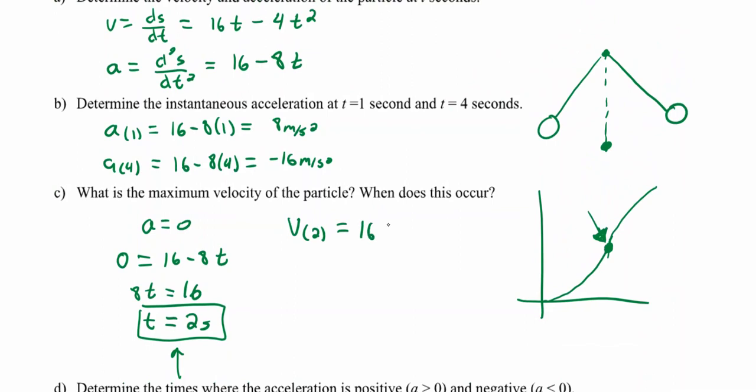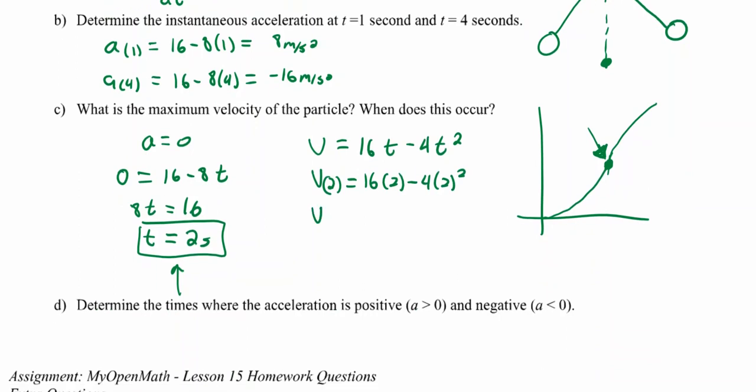V is equal to 16t minus 4t squared, and then I'll sub in v of 2 for 2 seconds. So 16 times 2 minus 4 times 2 squared. So v of 2 is 16 meters per second.